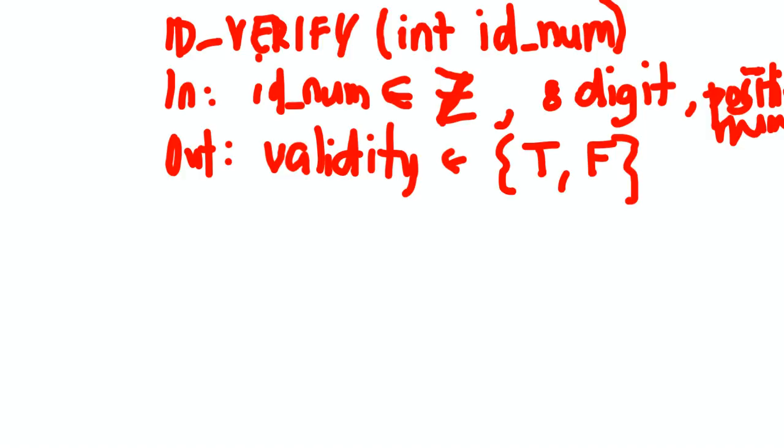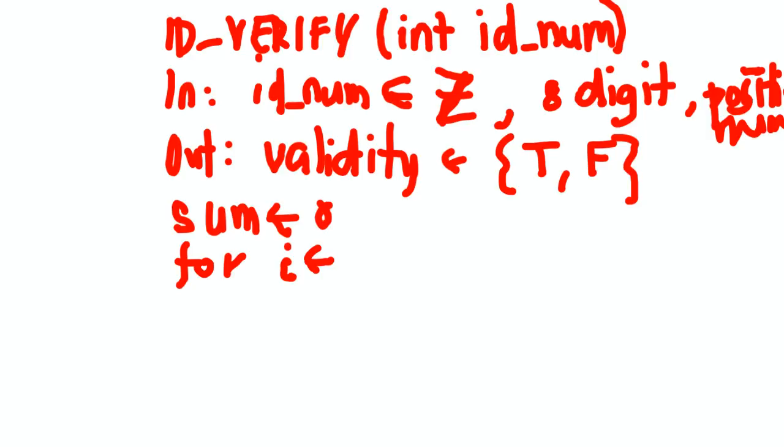Say we initialize a sum to be 0, and after that we're going to repeat a for loop, say for I index from 1 up to 8.